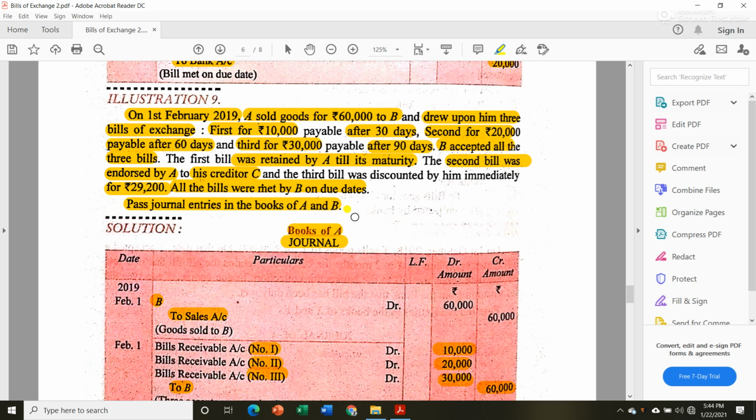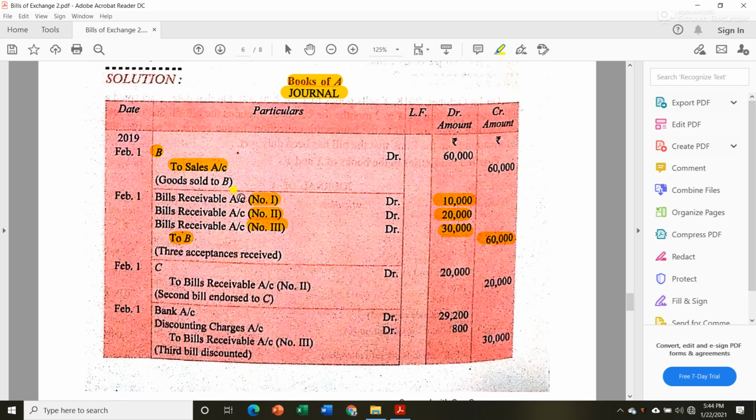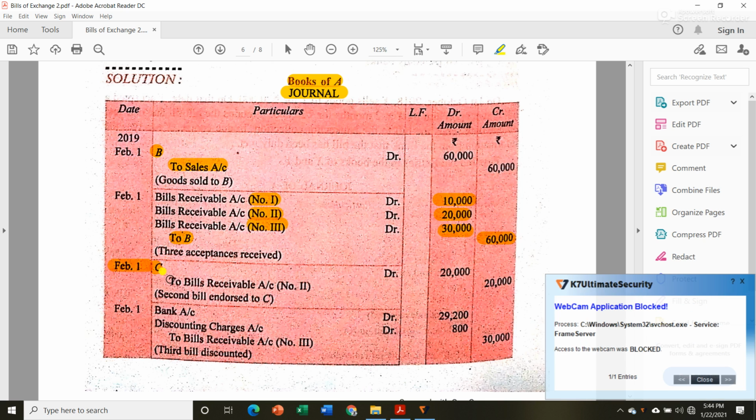Now let us see what those transactions are. Since A retained the first bill till maturity date, there will be no transaction for this one as of now. Then the second bill was endorsed to C. For that we have to pass a journal entry. They haven't mentioned any date, so we are assuming that the endorsement took place on February 1st. So we will write C debit, to bills receivable account number 2.